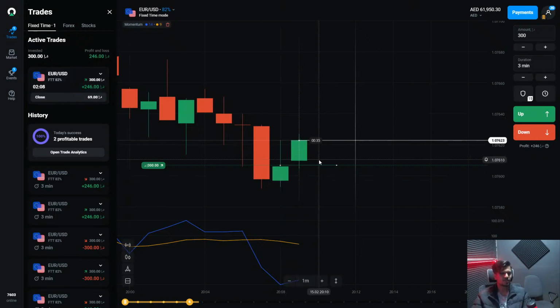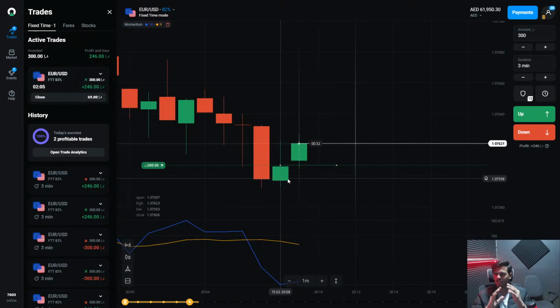Wow, a new Japanese candlestick forms. Guys, you can do one thing.